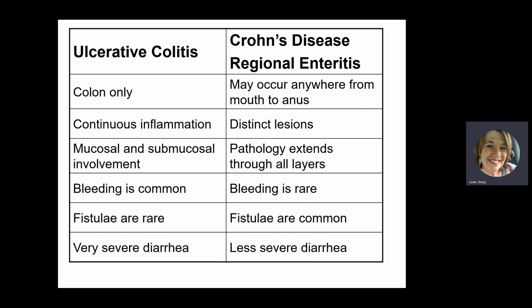This tunneling, or eating through the intestine and attaching to whatever's next to it. So let's say my bladder and the part of the intestine that has Crohn's lesions are right next to each other. It could eat through the intestines and through the bladder, and your patient could be peeing out some poopy pee.